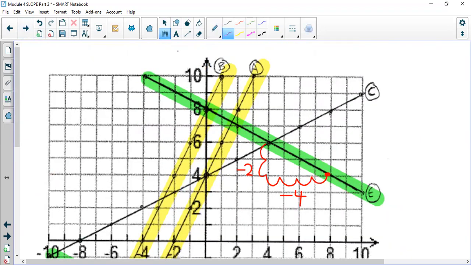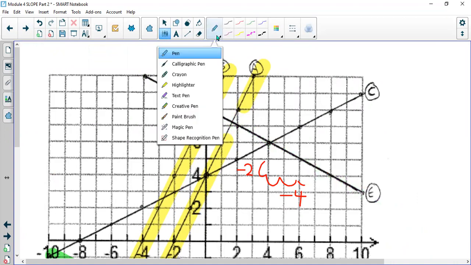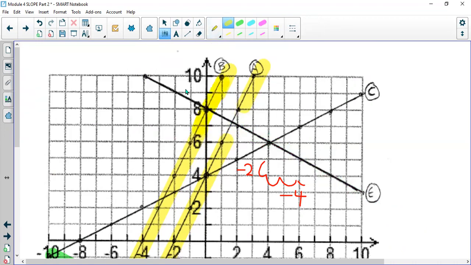So basically, I will erase the two lines in yellow. They are parallel lines. So an example of that would be like Kennedy and Birchmount. Kennedy and Birchmount are going in the same direction, but they don't meet, right? They never meet.